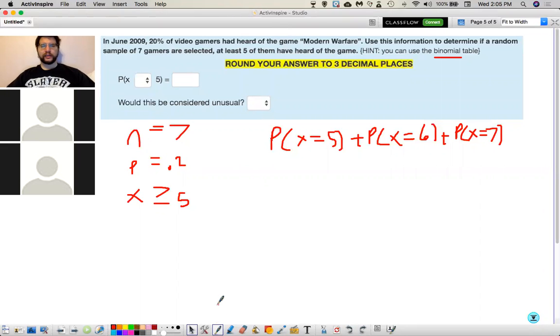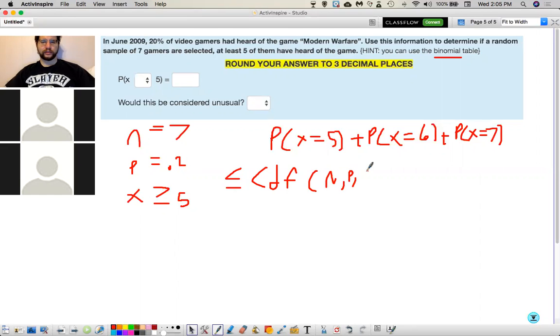Your Casio and your TI can do it for you. You just have to remember how to translate these symbols. If you remember, a CDF is less than or equal to. So that's going to be N, P, and X, regular old CDF. It's binomial, which means the variables are discrete. You can't have pieces.